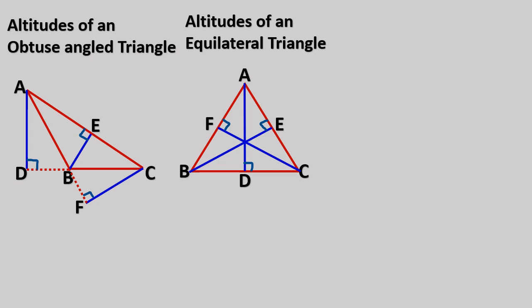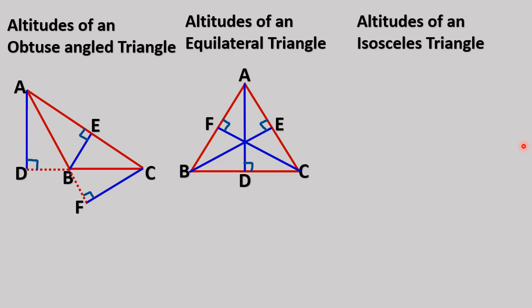This AD, BE, CF are medians also. That means D is the midpoint, E is the midpoint, F is the midpoint. That means the altitude itself is the median too. That means median and altitude are the same line segments. They coincide.